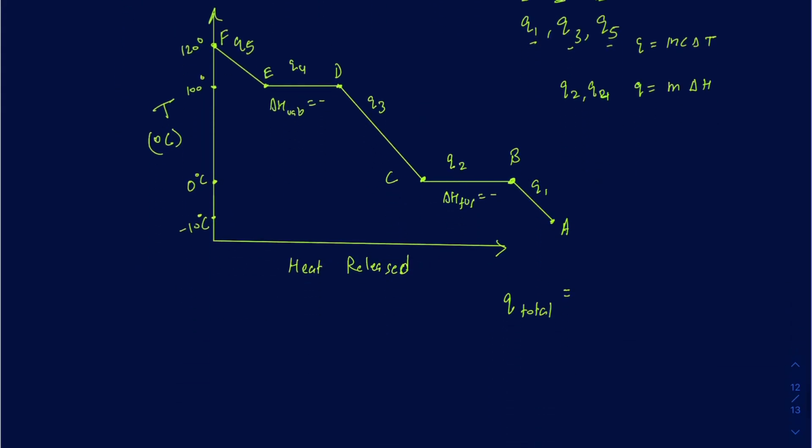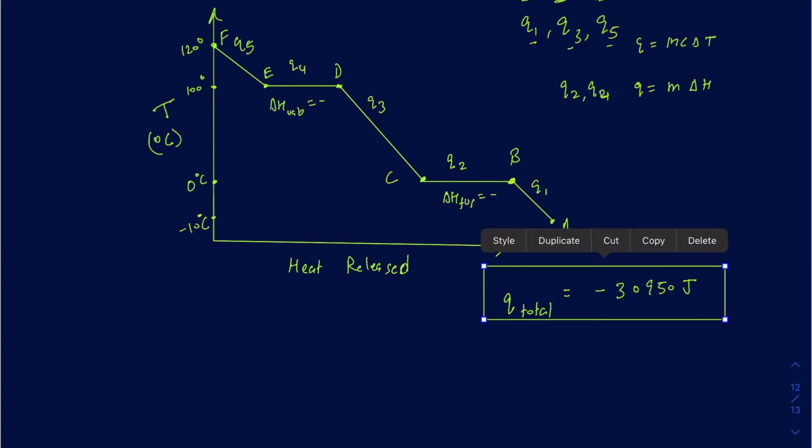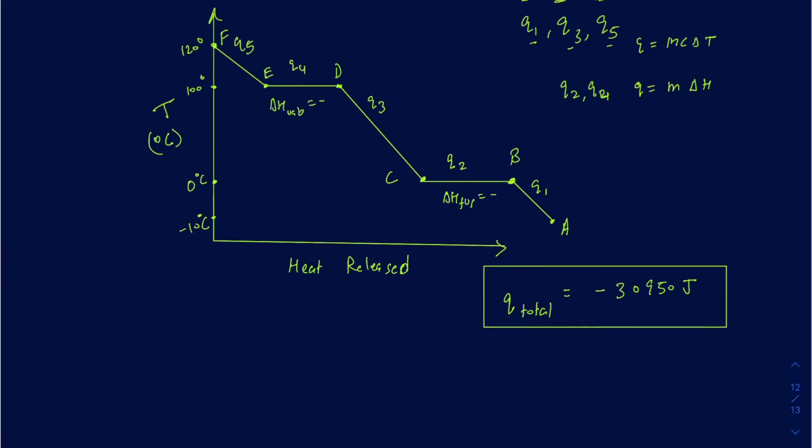However, it will be a negative number. So it's going to be negative 30,950 joules at the end of the day. What that really means is that you have released this much energy when decreasing the temperature of those 10 grams of steam from 120 degrees Celsius all the way to negative 10 degrees Celsius.